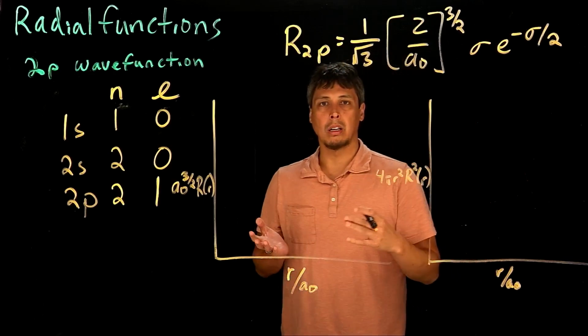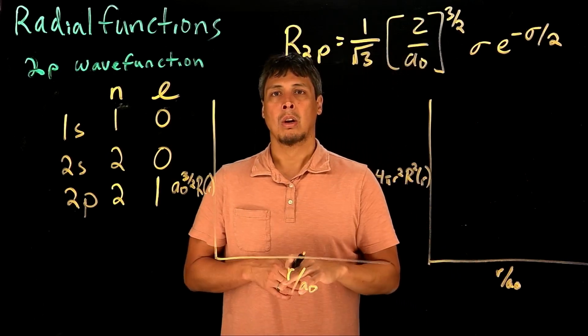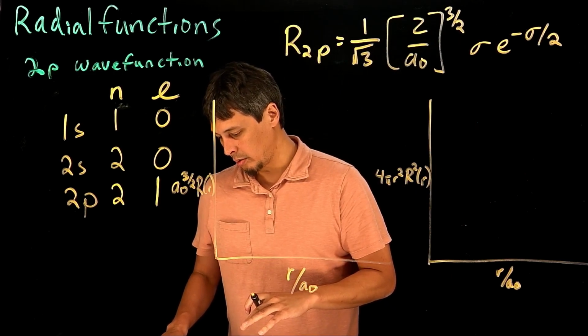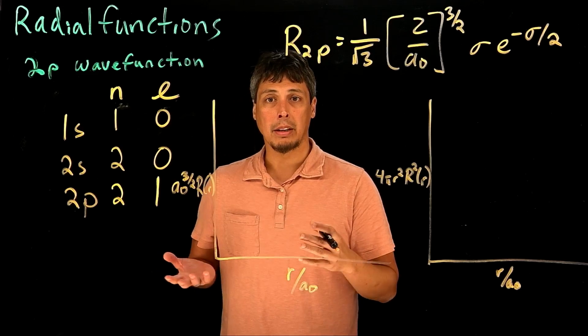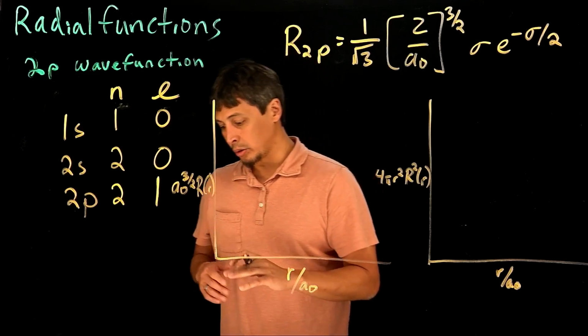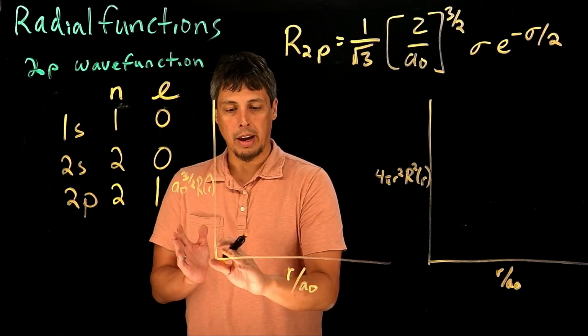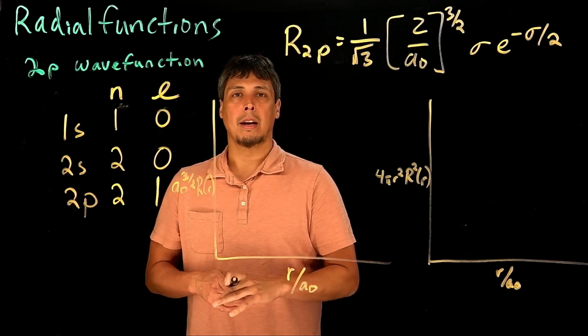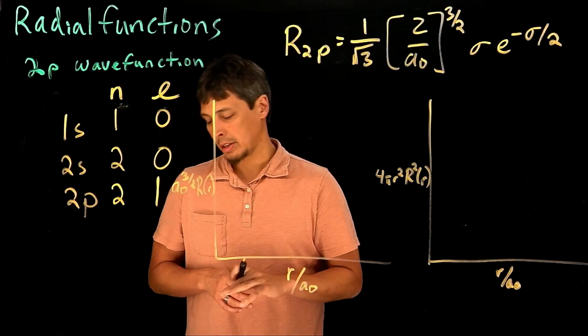And so we already know we aren't going to have a probability of having electrons at the nucleus. So we don't expect to have any nodes past the node that we expect at the nucleus.